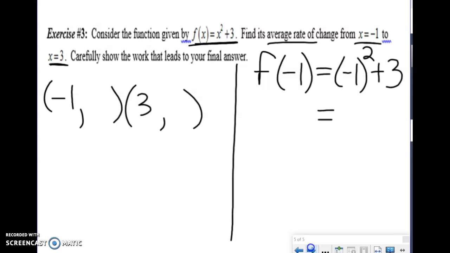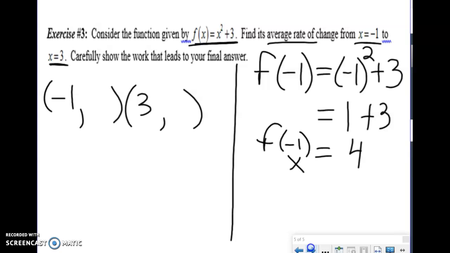So that would make good old-fashioned 1. And then we would just add 3. So this would end up as 1 plus 3 for 4. Not too complicated, but again, going through that process of evaluating a function. This was the x value, and so therefore that was the y value. So here is our point, -1 and 4.